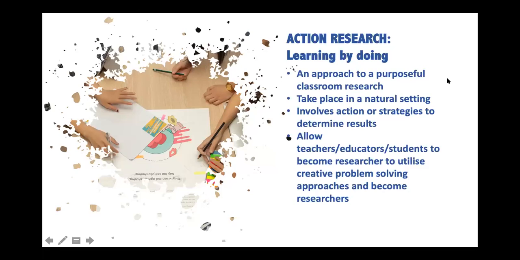Meaning that it involves action and strategies to determine the result. Maksudnya that's why when you do action research, you can publish as papers, as well as you can masuk pertandingan inovasi such as picture. Picture is in UAPM only, but you can go beyond picture, whereby we have IUCEL, for example, the international one.